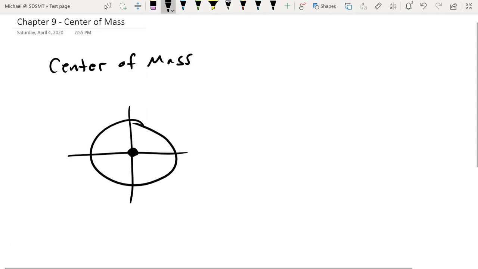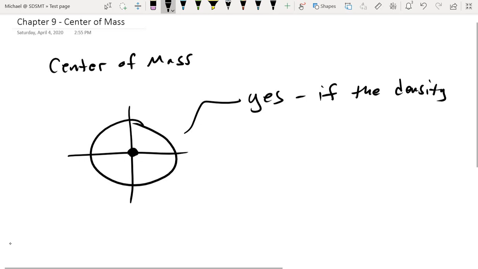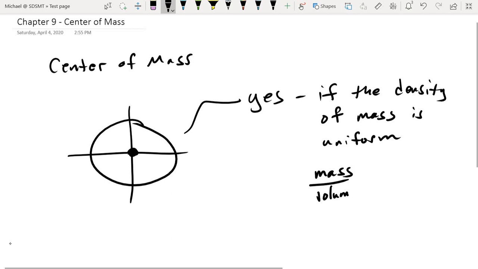And the answer to that could be yes, if the density of that material is uniform. Meaning we would have to have the same amount of mass per unit volume everywhere within the material.